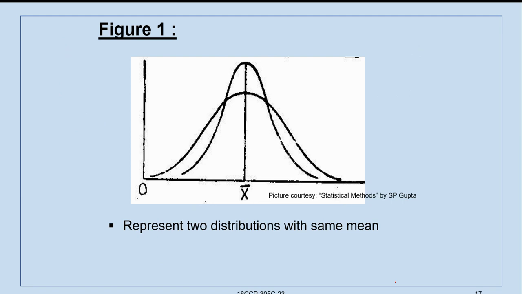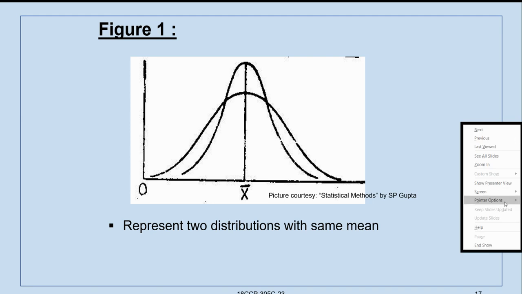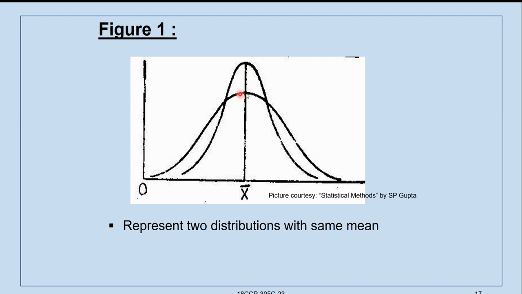In this figure, we represent two distributions with the same mean. Here you see, this line is the mean. These two series have the same mean, the highest peak point, but the distribution is different.